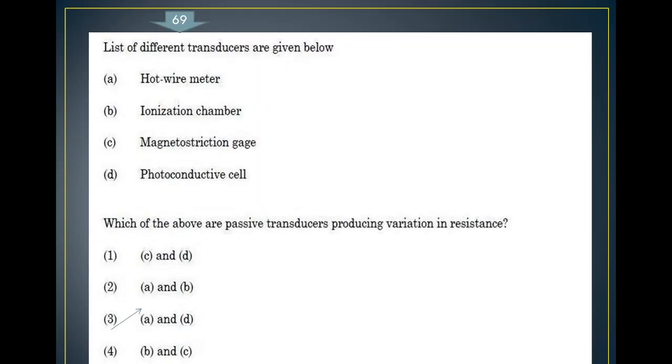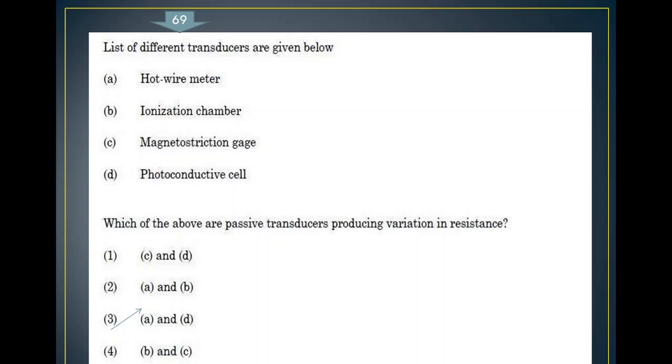Next, a list of different transducers is given below. A. Hot wire meter. B. Ionization chamber. C. Magnetostriction gauge, and D. Photoconductive cell. Which of the above are passive transducers producing variation in resistance?